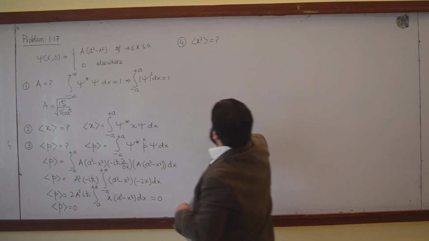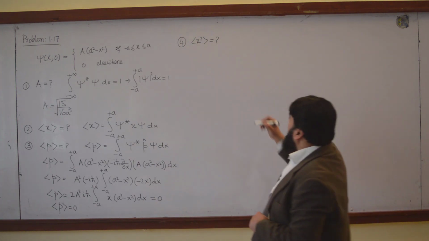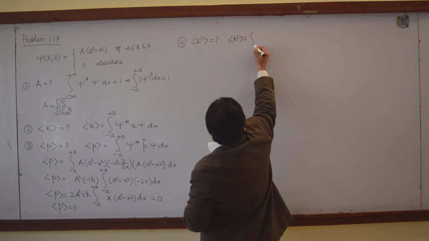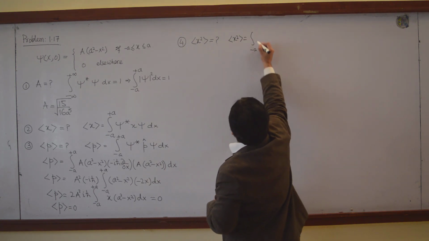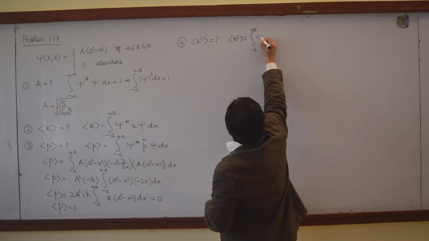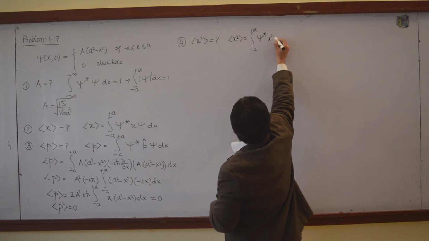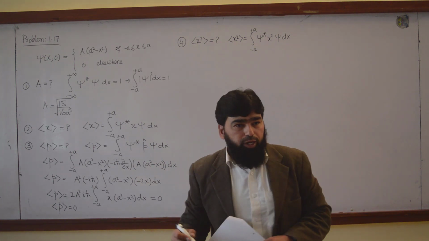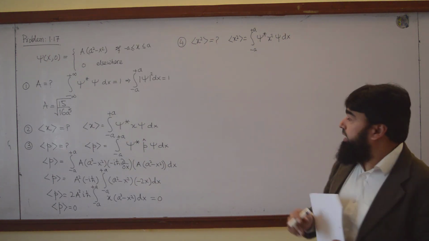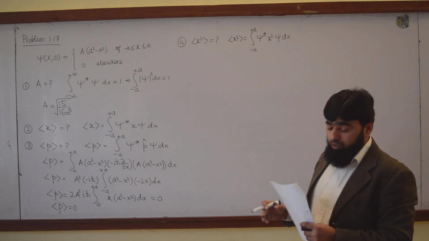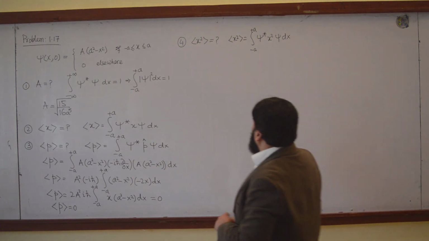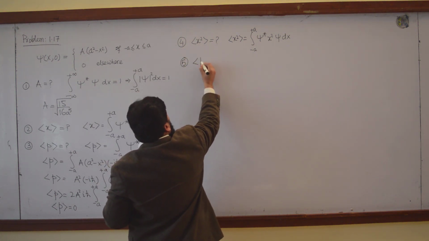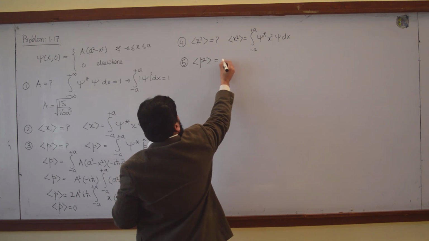Now I know what this will be: from minus a to plus a, psi conjugate x squared psi dx. You will have to solve this one as well, as I have already done the x squared in another problem. The fifth question which is asked is, find the expectation value of p squared.